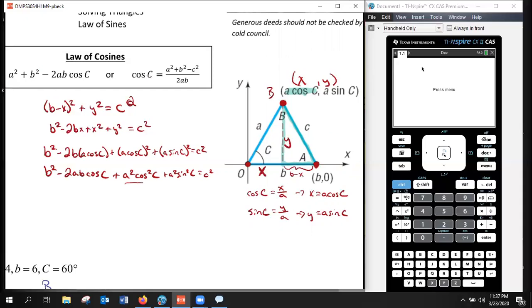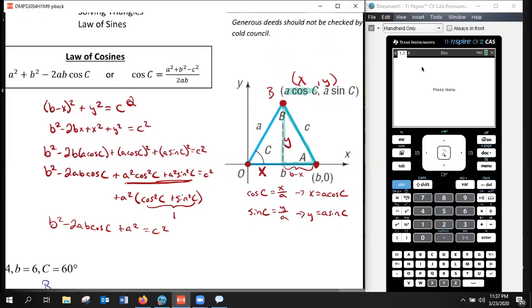And I don't know how many of you recognize that something's going to happen with that quantity there. But if I factor an a squared out, I'm left with cosine squared C plus sine squared C. And everybody should remember that cosine squared plus sine squared is equivalent to 1. So that leads me to write b squared minus 2ab cosine C plus a squared equals c squared.